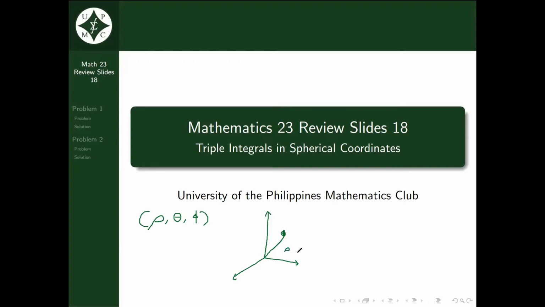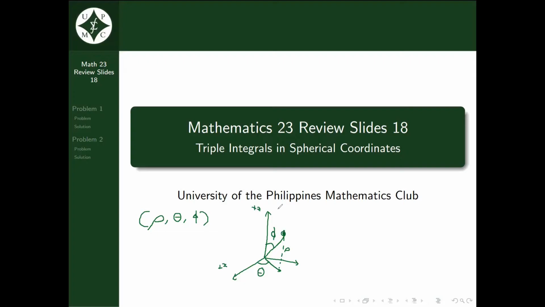As for theta, it's similar to the theta of cylindrical coordinates, where if we project this onto the xy plane, this angle from the positive x-axis is our theta. Finally, our phi is this angle from the positive z-axis to the vector connecting the origin to our point. So that's rho, theta, and phi.